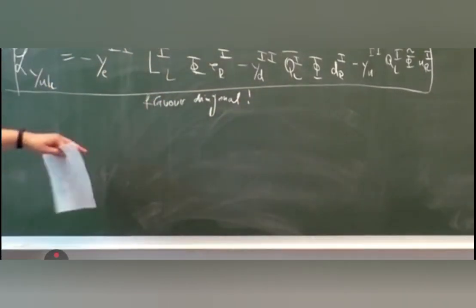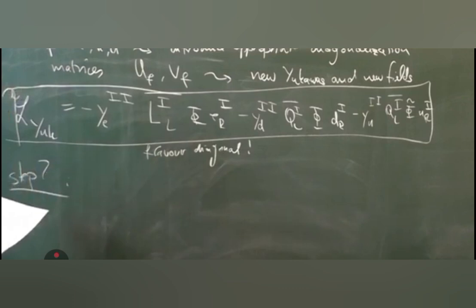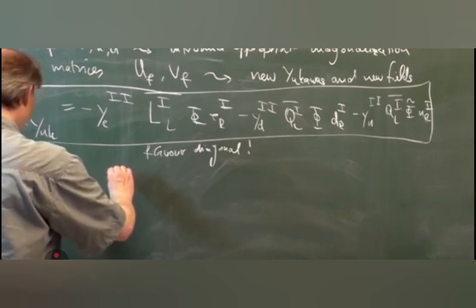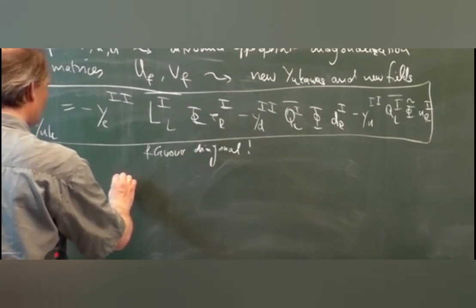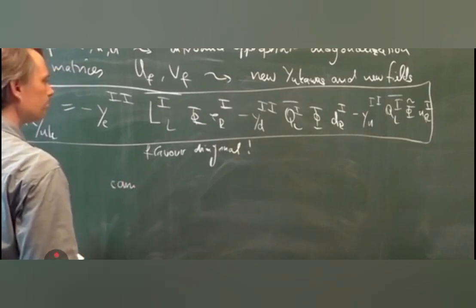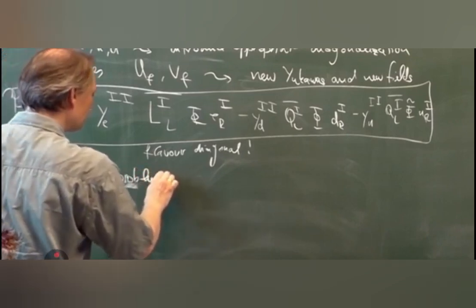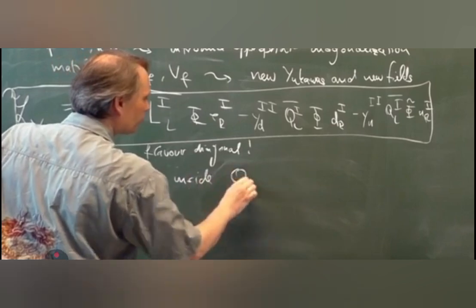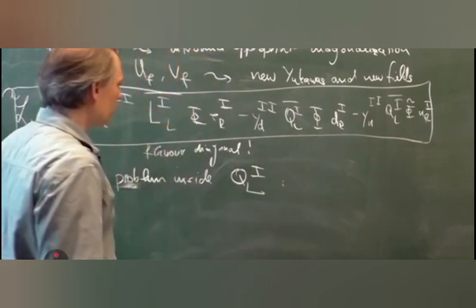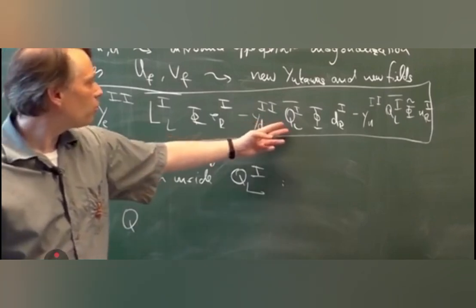So, the next step is, however, there is a problem inside of this quark doublet QLI, because what we have done, we have diagonalized the QL in two different ways.